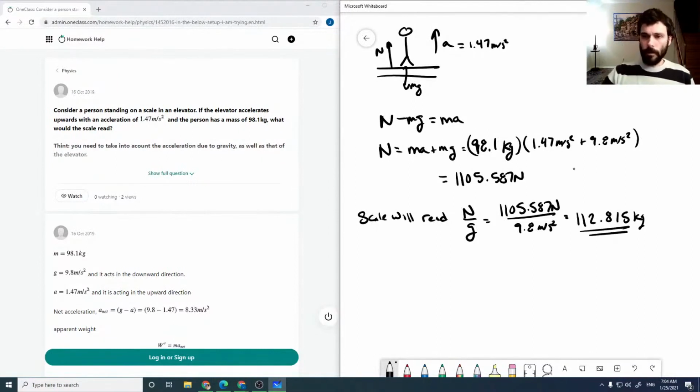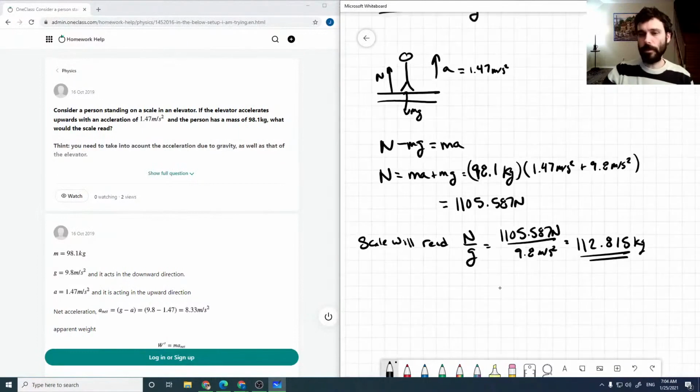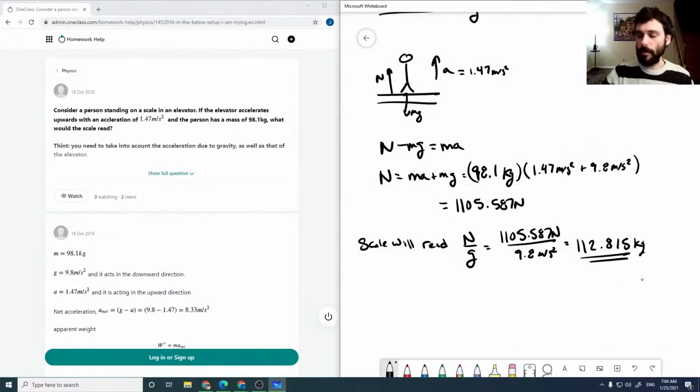And so just as a check here, when an elevator is accelerating upward, that's either at the beginning of an elevator journey upwards or when it's coming to a stop as it's traveling down, you'd always feel heavier when that happens. And so a scale would read heavier.